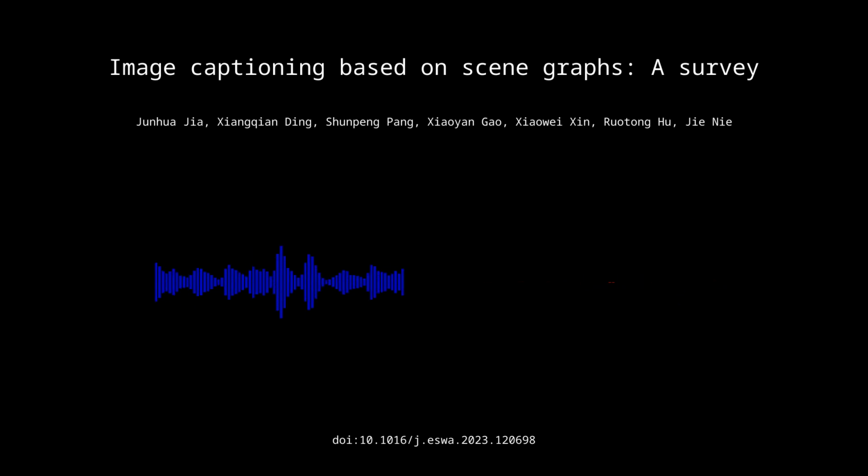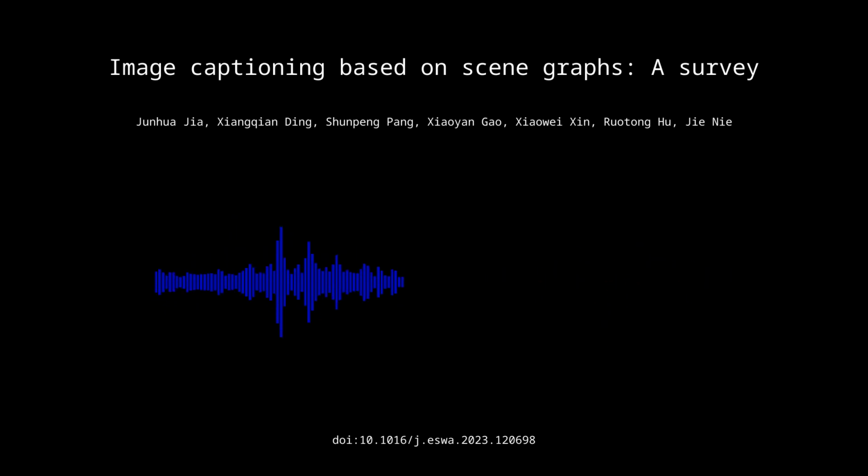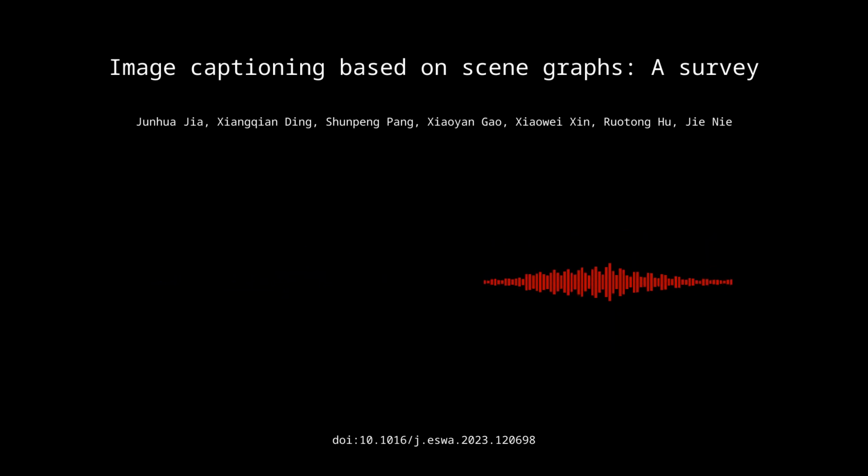Exactly. And the paper outlines several advantages of using these scene graphs in image captioning. Again, it's not just about identifying the objects. It's about understanding the story they tell. So can you elaborate on those advantages? First of all, scene graphs allow you to capture the spatial and semantic relationships between objects.